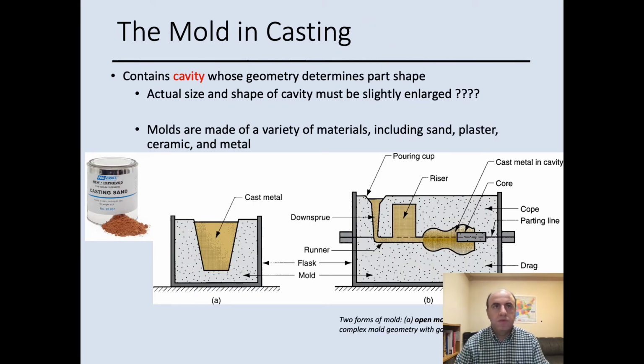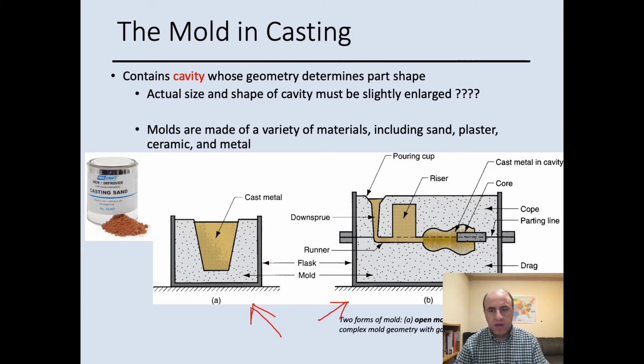In the casting process, we have various forms of mold. Some of them are open molds, some of them are closed molds. Here we have these two molds, as I mentioned: open, and this is a closed mold.